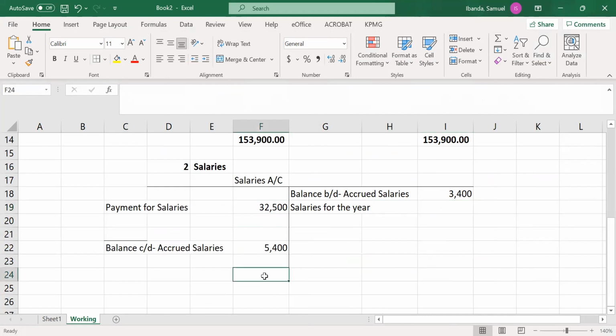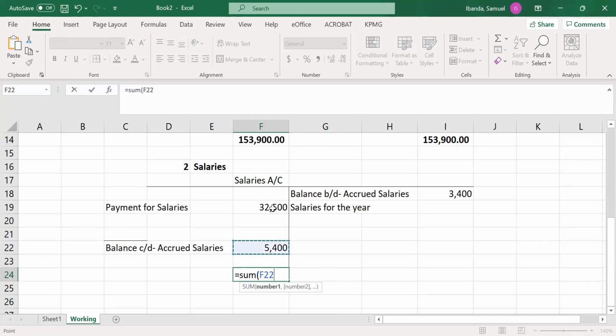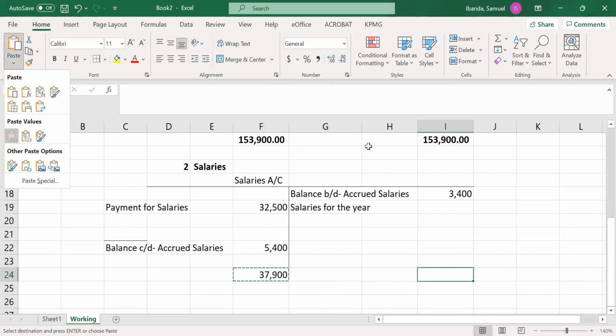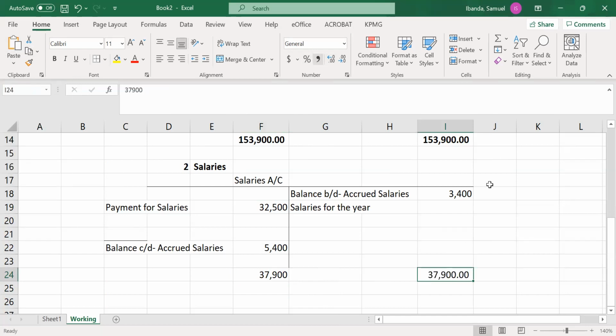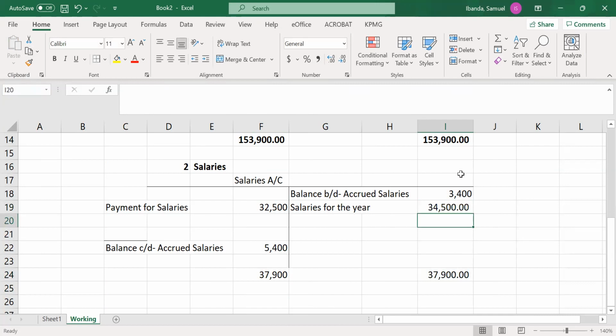So what you basically do is balance off this account. When you add these two figures together, it gives you 37,900. This should also give you the same value, but since it only gives you 3,400, then the difference is actually 34,500.